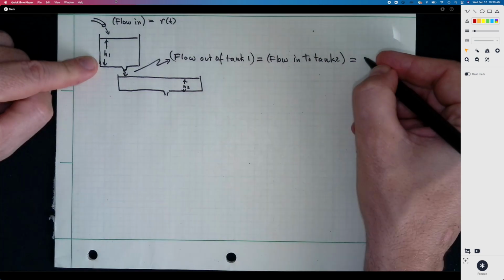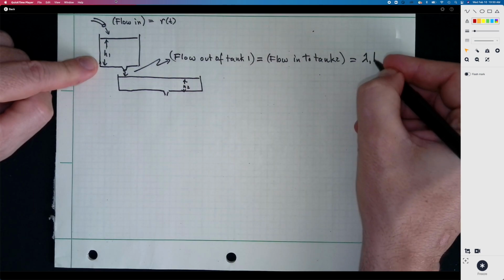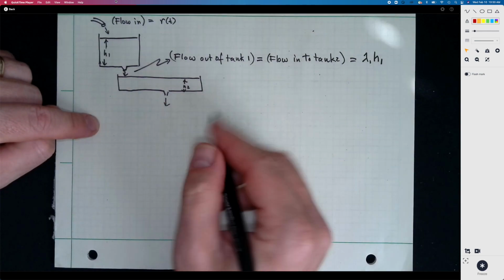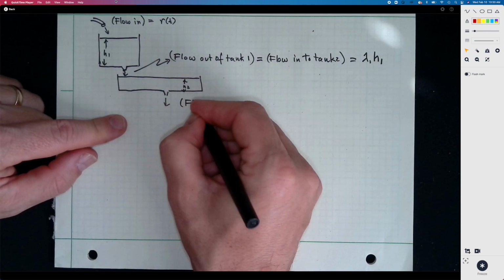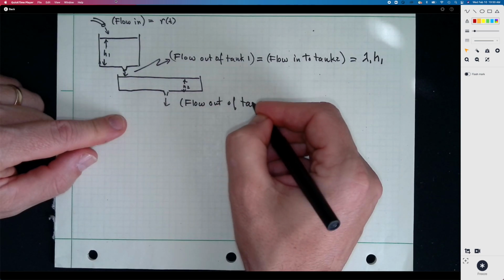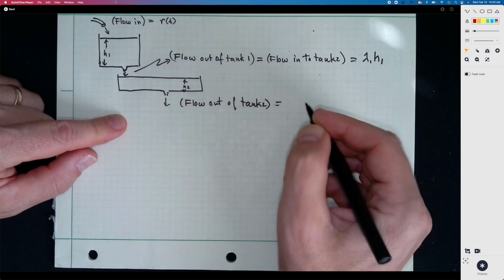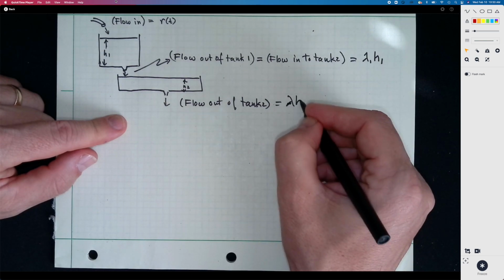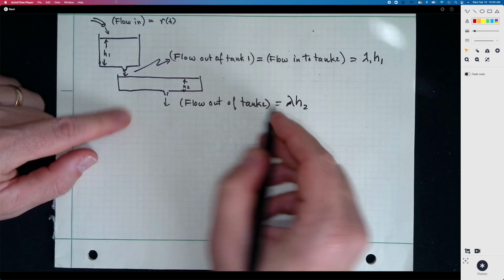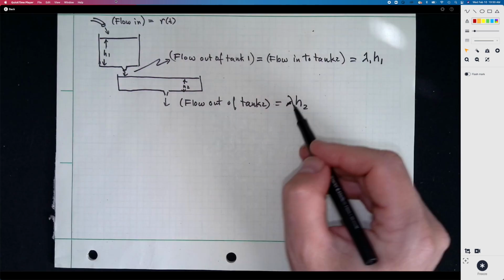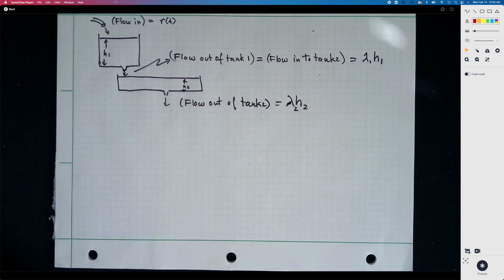So it will be lambda 1 times the height of the water in the first tank. And then here we'll have a flow out of tank 2, which will be equal to lambda 2 H2. We have 2 different parameters because maybe the size of the drains is different for each case.